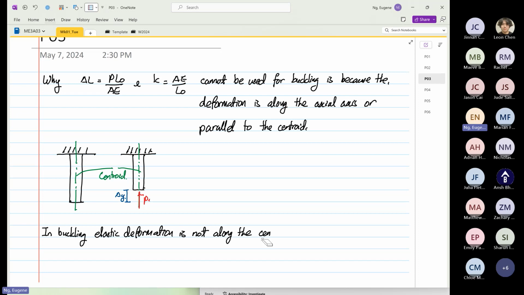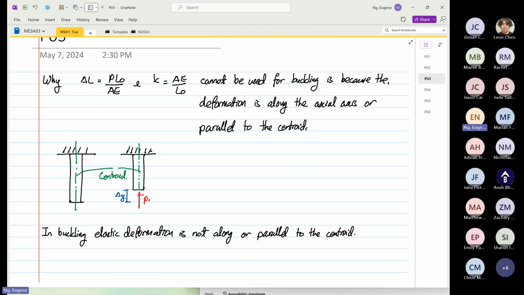It's not along or parallel to the centroid. And I believe you all know that already.